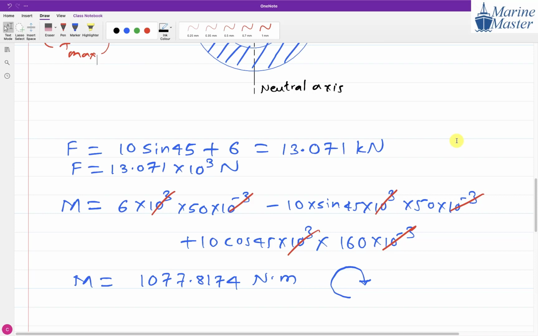And beside this drawing, draw this figure also, that our column is going to bend like this because of the bending effect. It is a bending effect. It is not necessary that the column is going to bend like this, but the bending effect will be like this. Draw that one figure also.